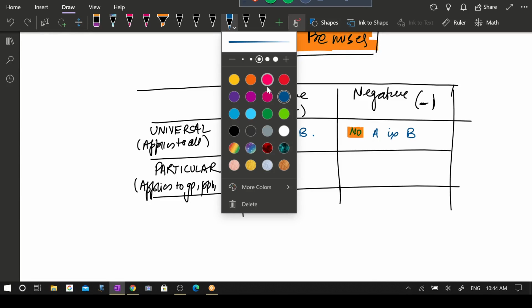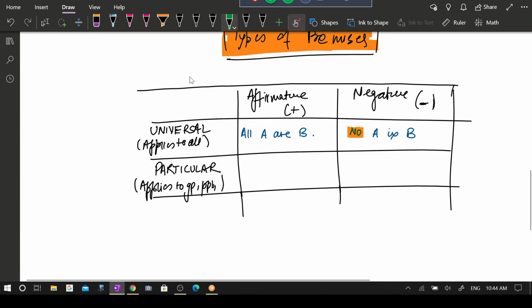And then comes particular affirmative, some A are B, and particular negative, some A are not B. Please keep these 4 types of premises in your mind, and once we talk about the properties of these premises, it should be such crystal clear logic that you would never be bothered by syllogism.